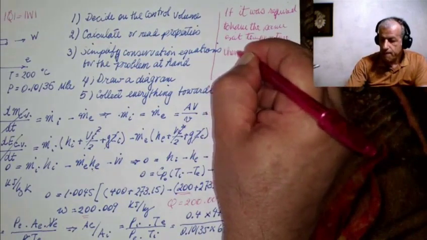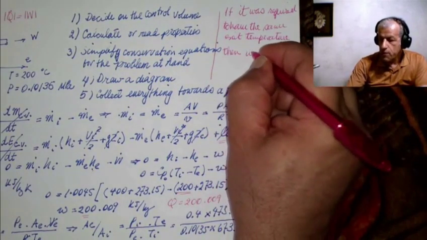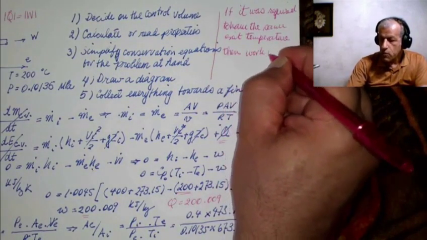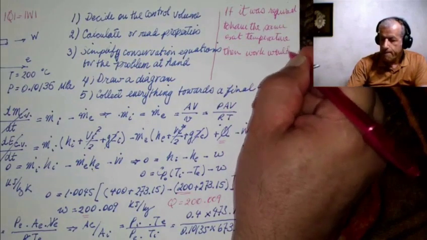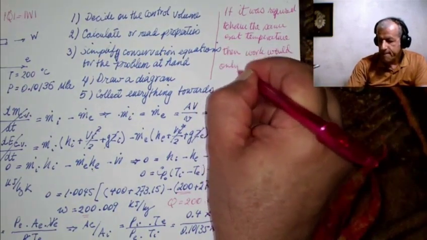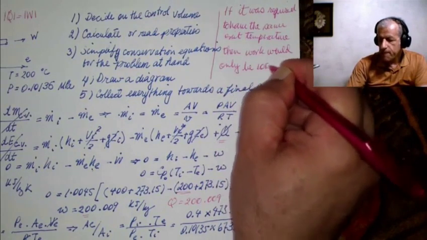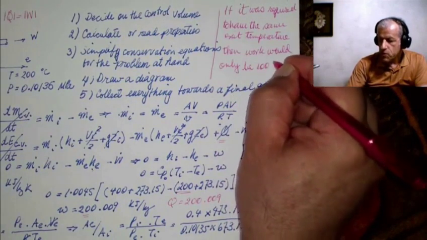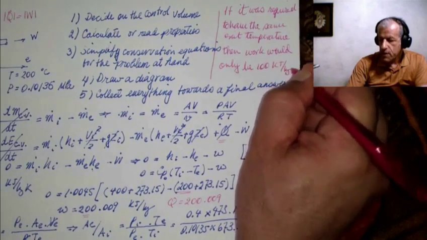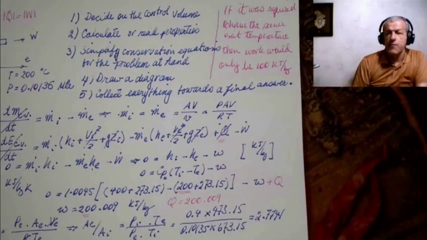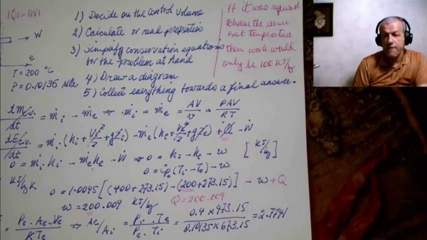Then work would only be 100 kilojoules per kilogram. So we would only get half the work we require.